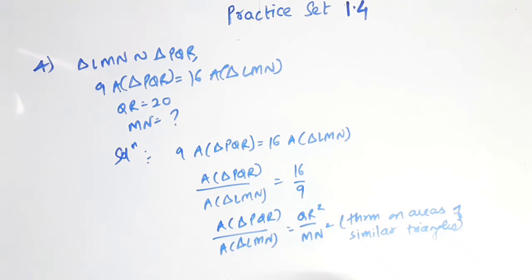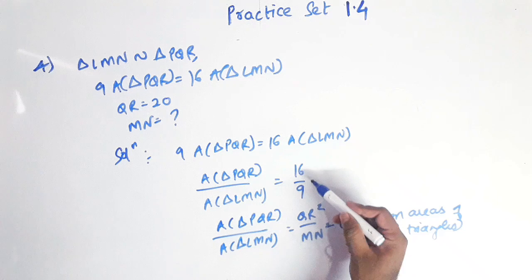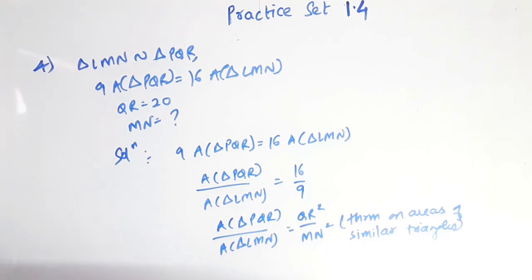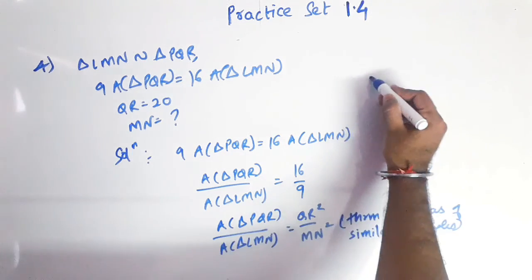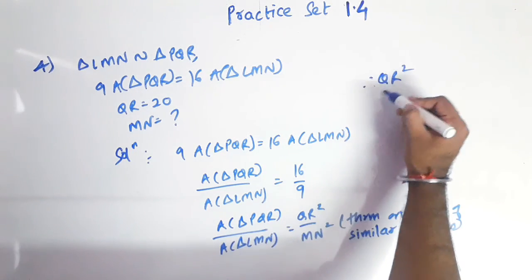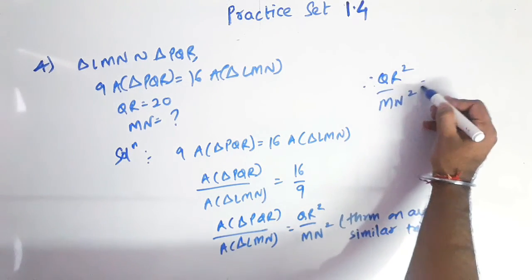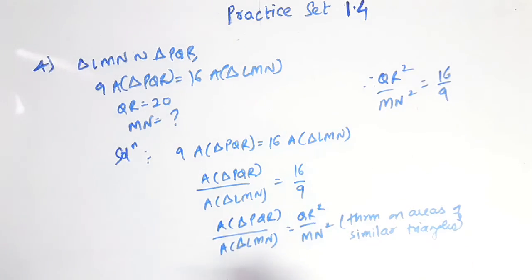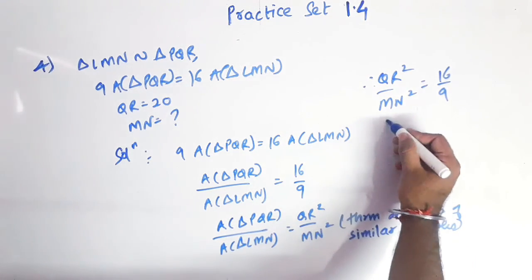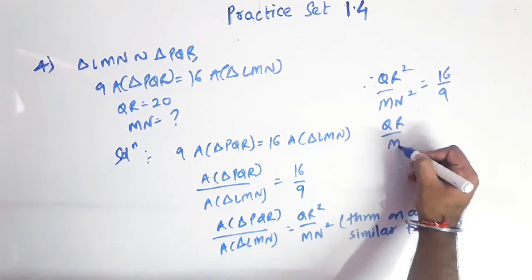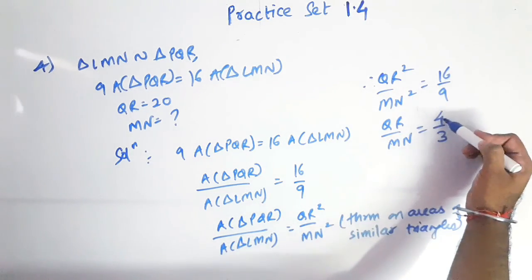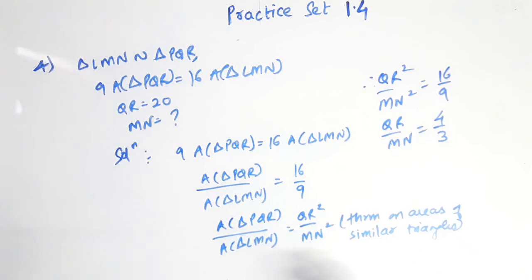Now because this is 16 by 9, QR square upon MN square, we can write 16 upon 9. Simple, we'll take its square root. This will become 4 upon 3. The square root of 16 is 4, of 9 is 3.